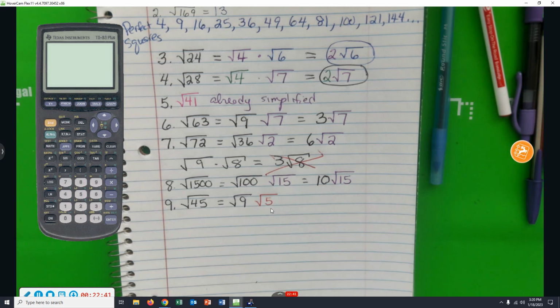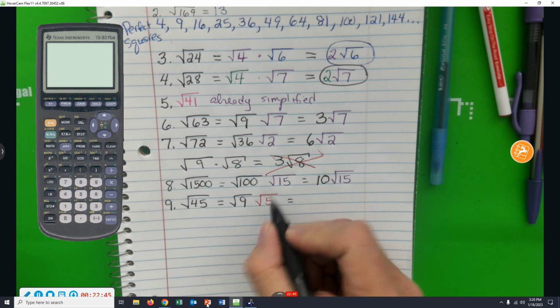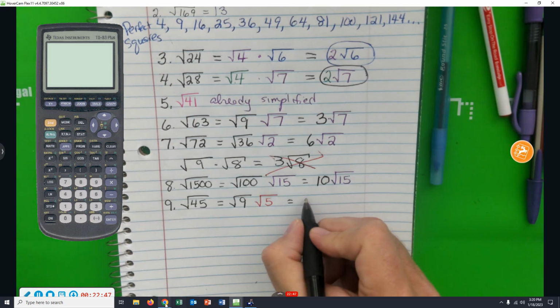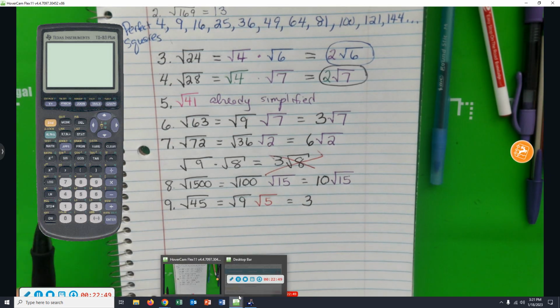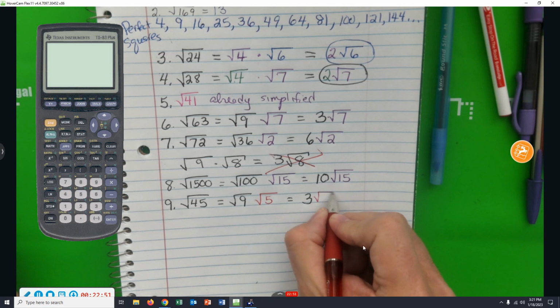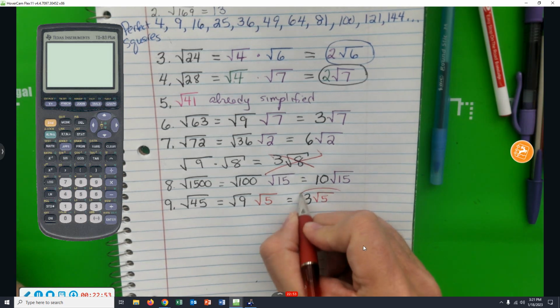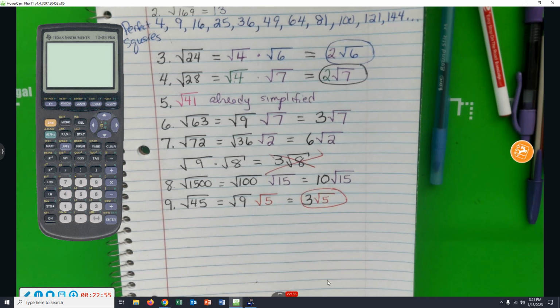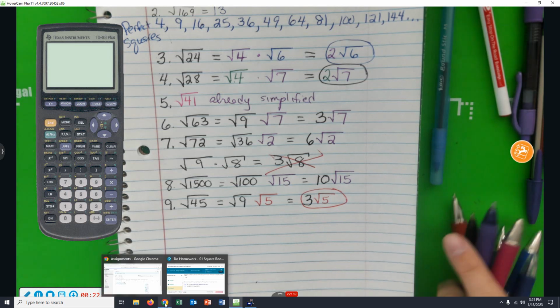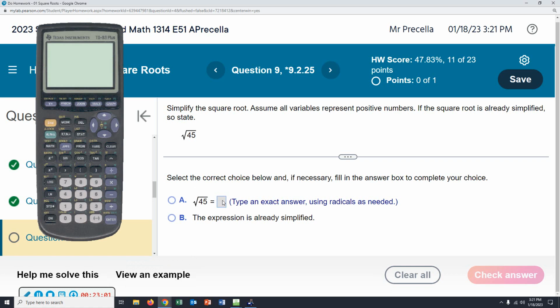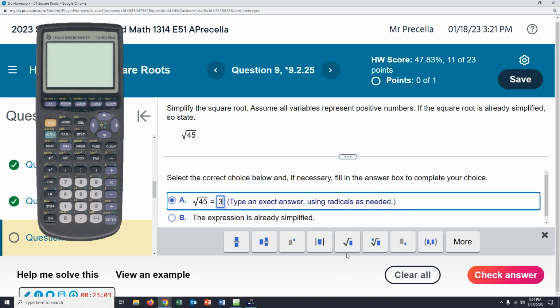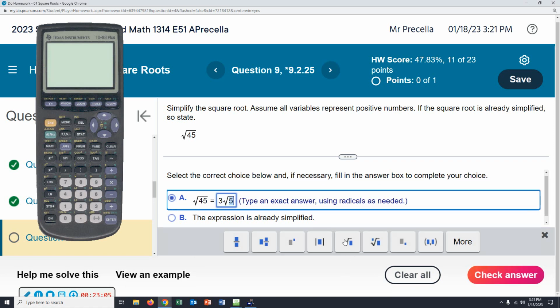Now can you simplify 5 any further? No, 5's a prime number, so you've got the biggest number dividing evenly, 3 square roots of 5. Any questions there? 3 square roots of 5.